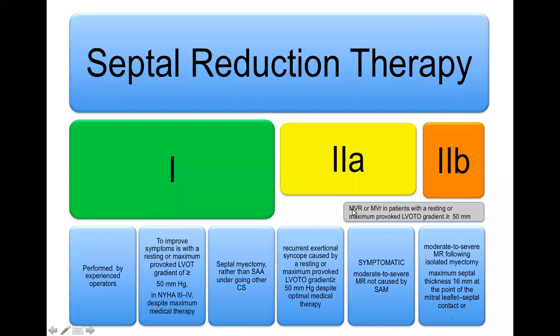MVR, mitral valve replacement or repair, in patients with LVOT gradient more than 50 is class 2A in case of symptomatic severe MR not caused by SAM, or class 2B in moderate to severe MR following septal myectomy, with maximum septal thickness 16 or less at the point of mitral leaflet and septal contact.